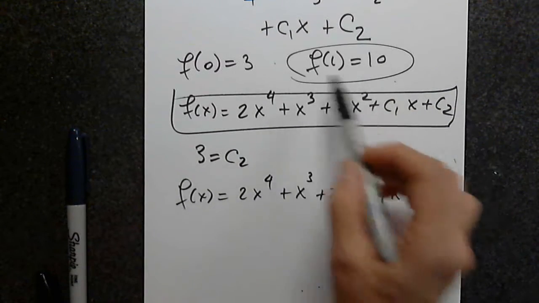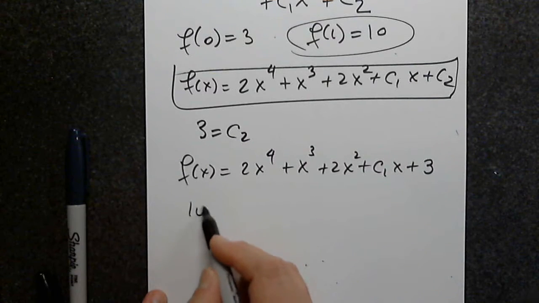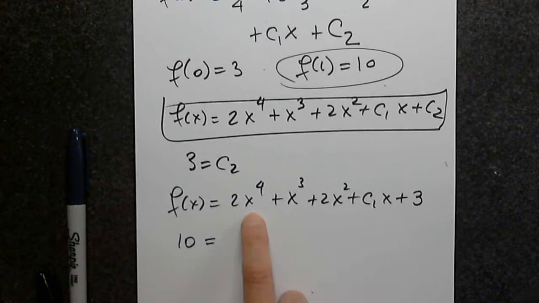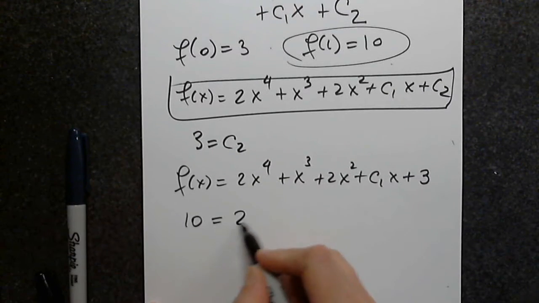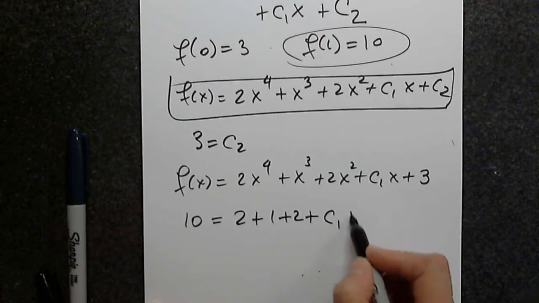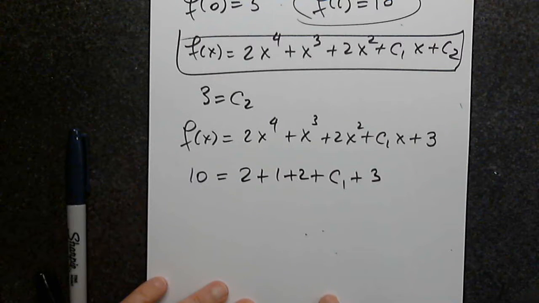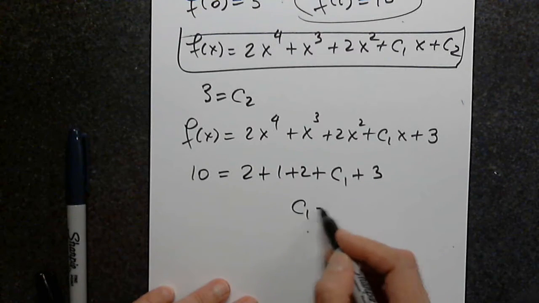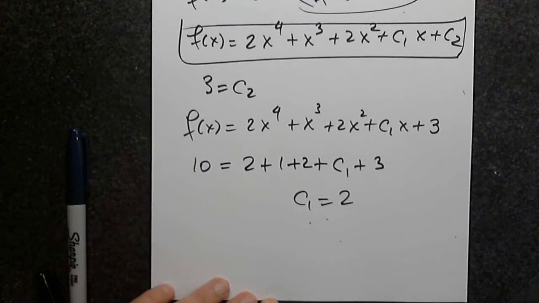Now I have to use this piece of information where the left-hand side is 10. And what do we have on the right-hand side? Plus c1, yes. 2 plus 1 plus 2 plus c1 plus 3, correct. So this is 4, 6, 8 subtracted from 10. c1 is 2.